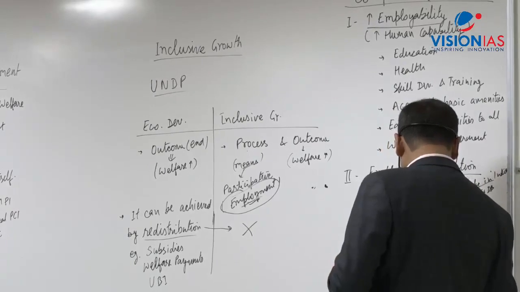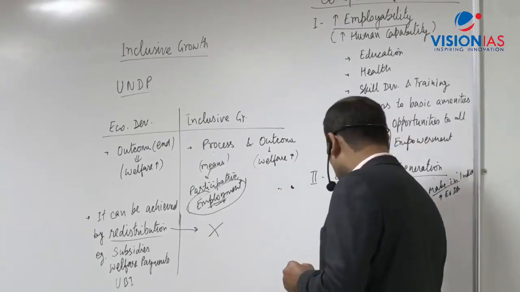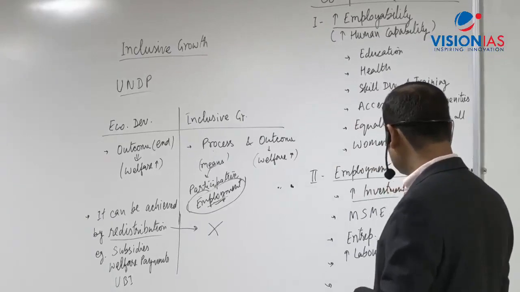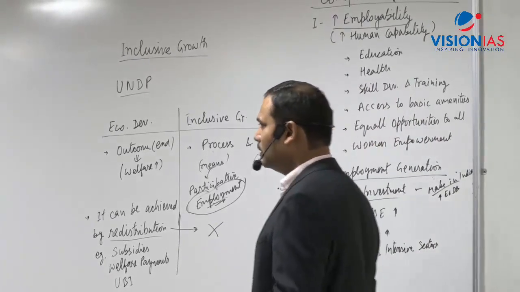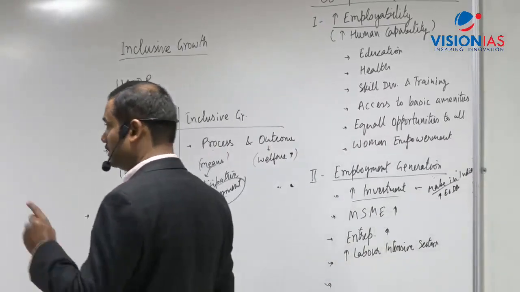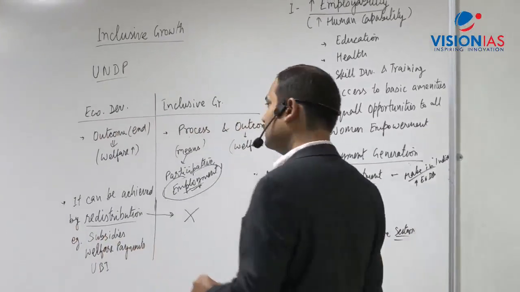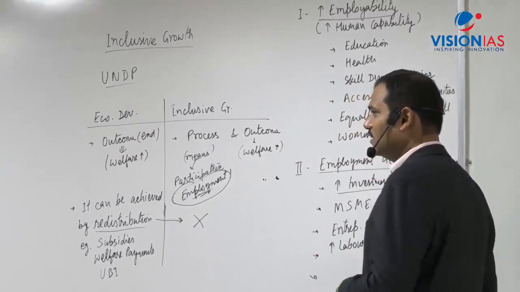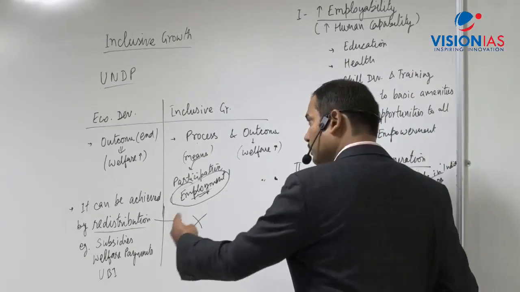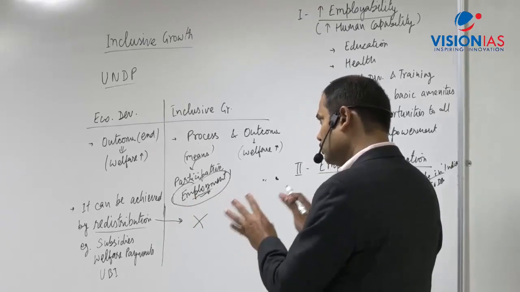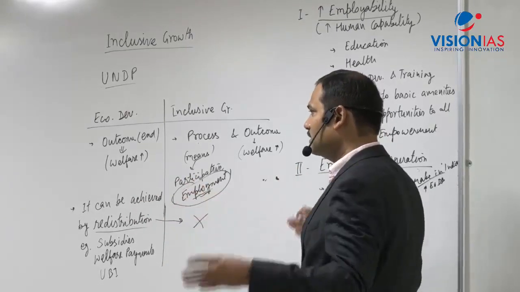Support to labor intensive sectors. What are other points? Diversify the sectors of Indian economy? Not sectors, labor intensive sectors. We should focus on those sectors. In sectors, we should focus on more labor intensive sectors. A focused approach will be better rather than just diversifying sectors.